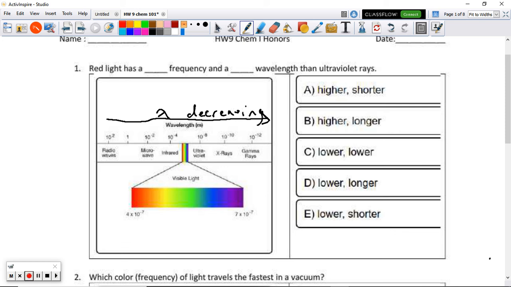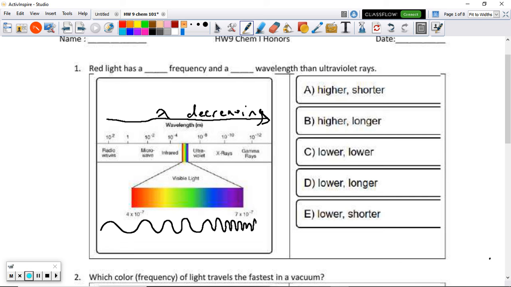So what that also means is that frequency, if wavelength is decreasing, so you have a wave and the waves are getting closer, so ultimately you have these waves that are really close together.